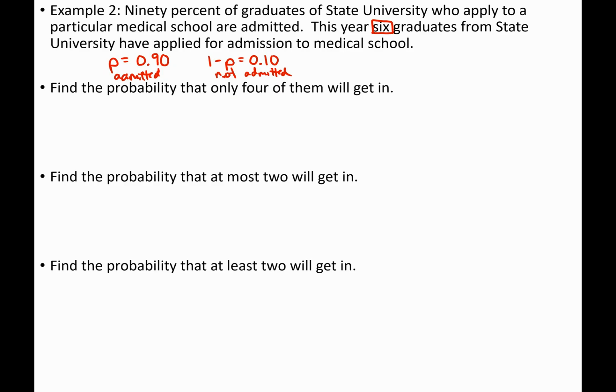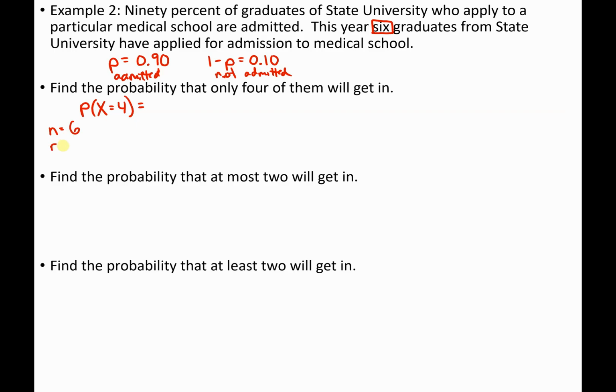All right, so we've got our formula. I've got it up on the board. So probability x equals 4. So what's the probability we get 4 successes? Now, if we need to, we can label. We have an n. N is our total number of trials. We had 6 applicants.